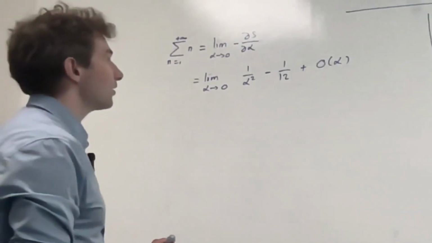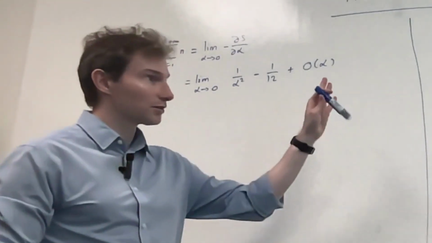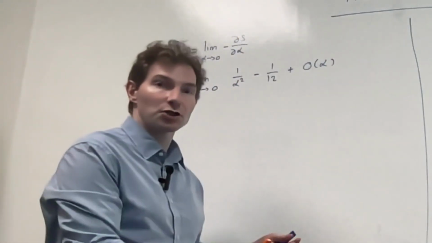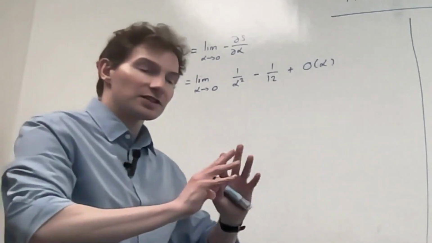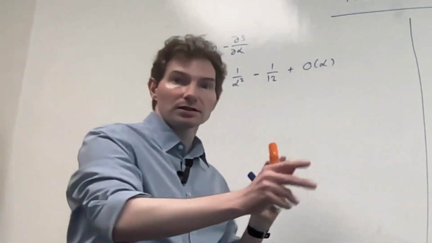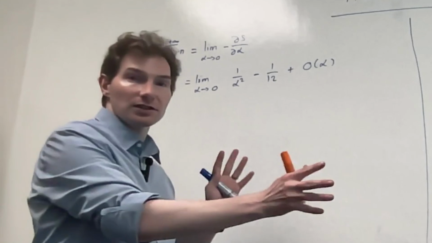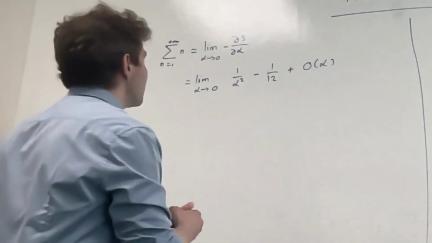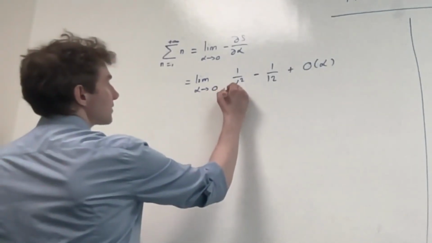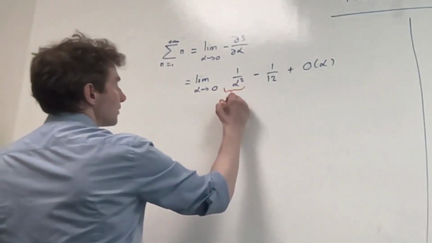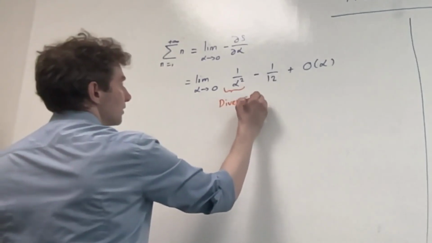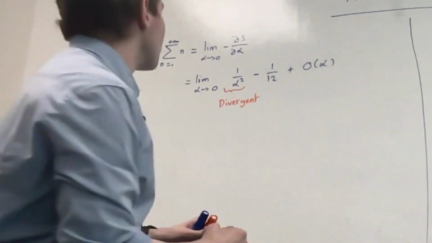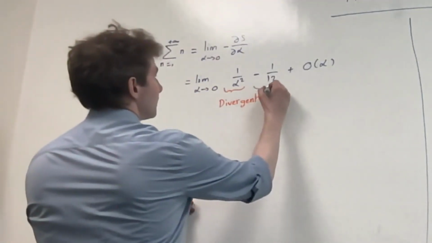So what we end up having here is that this particular strategy has not regularized the expression we want to calculate, but it has, in a sense, disentangled the infinity, so the divergent part, from the finite part. And so here, this part here is divergent, okay? And this other part here is finite.